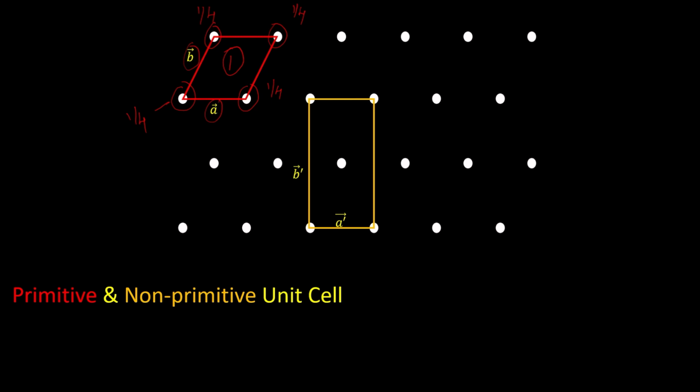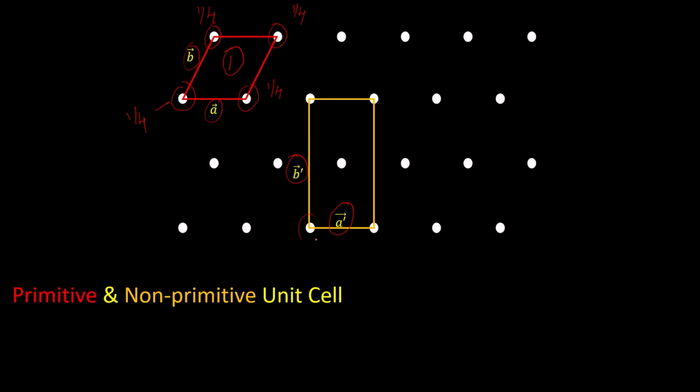Now in the case of non-primitive unit cells, like what I have shown here by these rectangular structures with the lattice vectors A prime and B prime, this is also a unit cell. We have seen in the previous slide that you can construct the entire structure by repeating these unit cells along x and y directions. This is called a non-primitive unit cell because it's not a minimum volume unit cell and it contains more than one lattice point. How?